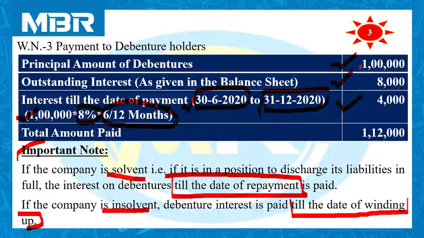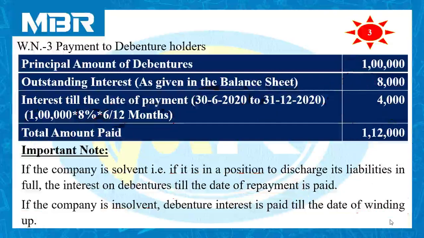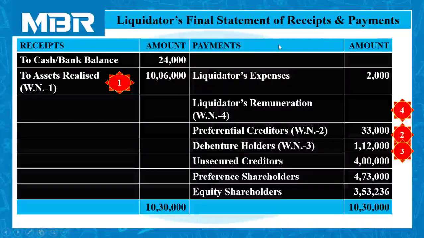So total payment to debenture holders is 1 lakh plus 8,000 plus 4,000. Total amount paid to the debenture holders to discharge their dues is rupees 1,12,000.